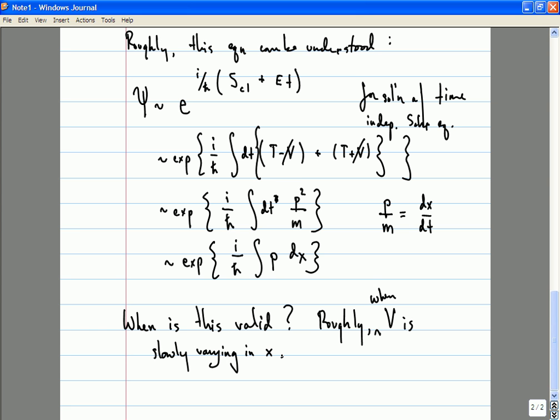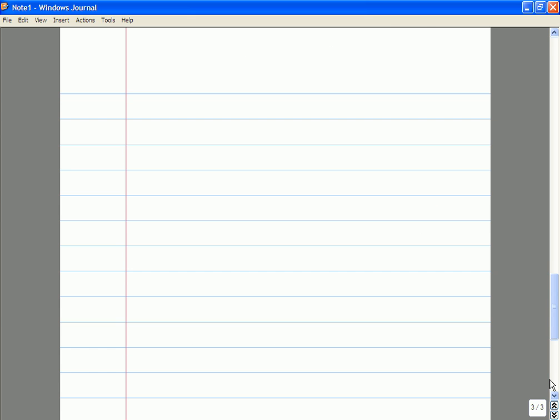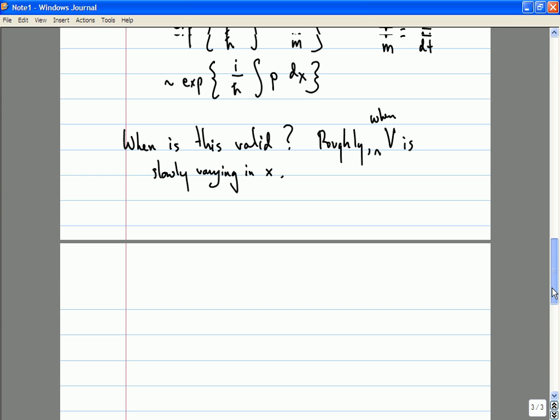However, I would like to be a little more precise, because when I say that V is slowly varying in x, I need to say slowly varying compared to what? Okay, those words on their own don't have any physical meaning unless I say slowly varying compared to what. So let's try and understand more precisely when the WKB approximation is valid.